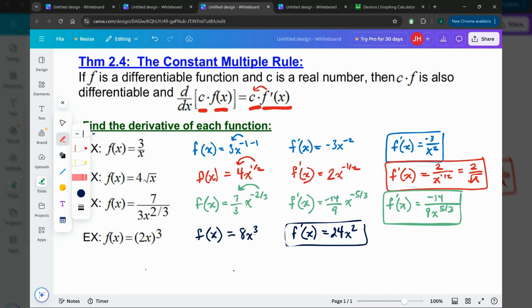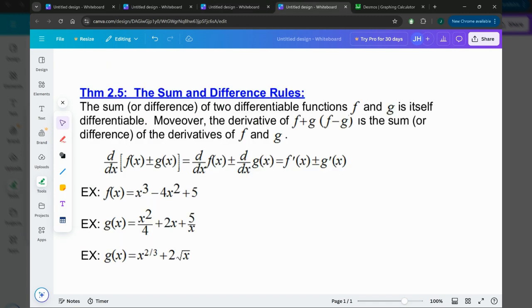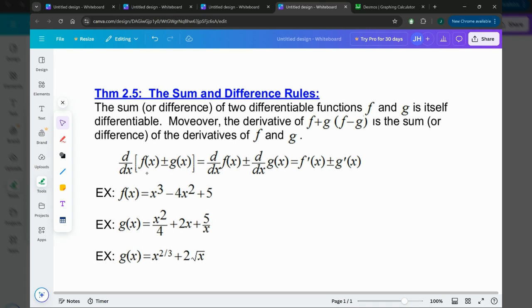One more idea before I let you go today. When you add functions, f of x plus g of x, you can add their derivatives. When you subtract functions, you can subtract their derivatives. So when you get a function like this, f of x equals this polynomial, just take the derivative of each term. The derivative of the first term would be 3x squared, subtract 1 from the exponent.